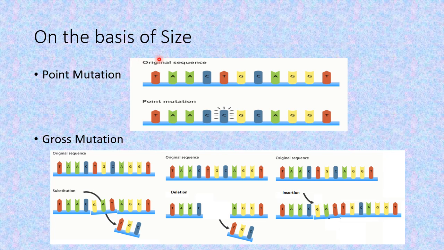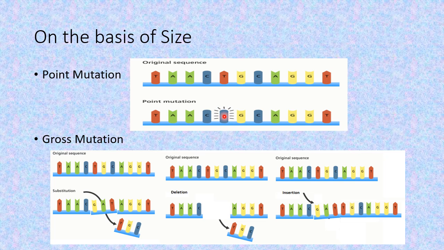Starting with the classification that is based on the size of the mutation. Based on the size of the mutation, they may be the point mutation or the gross mutation, because this unit of mutation can be a single nucleotide.